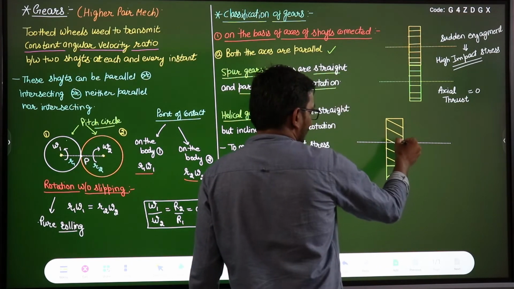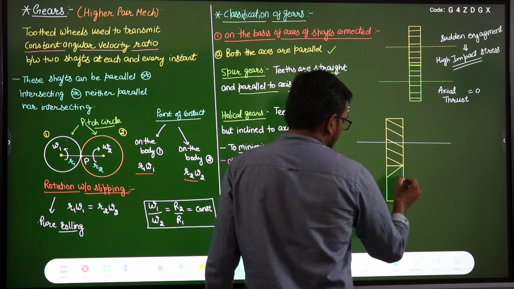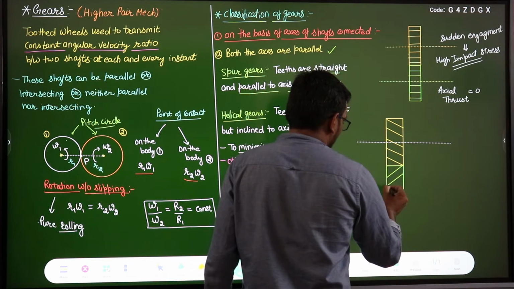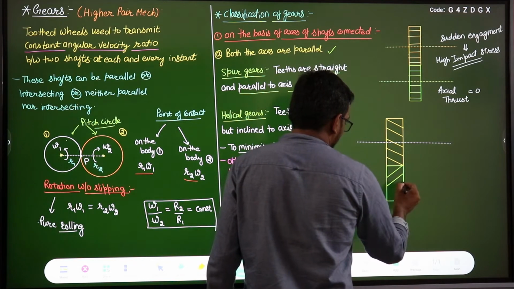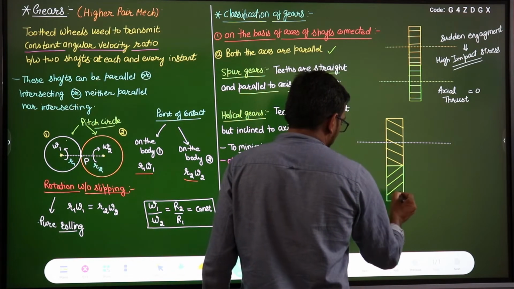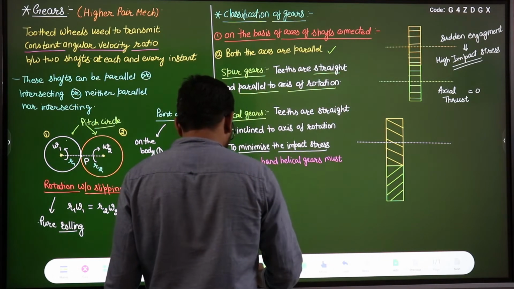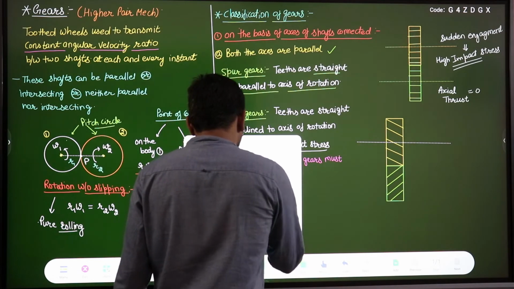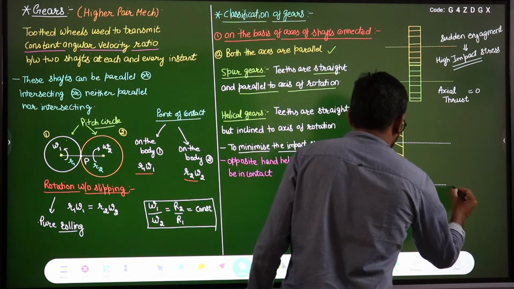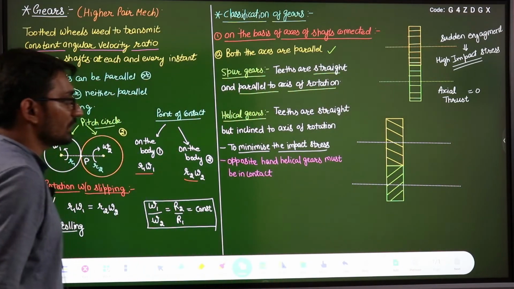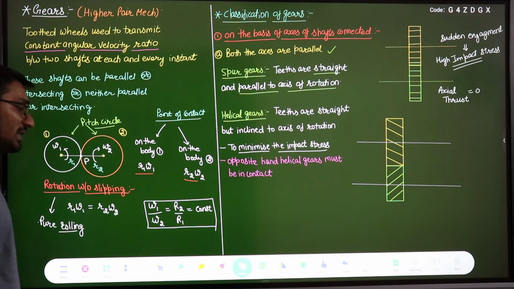If this is a right hand helix, then on this second, mating gear, the helix will be a left-handed helix, like this. Opposite helix must be there. Suppose this is the axis of this shaft. This is the axis of rotation of this gear.